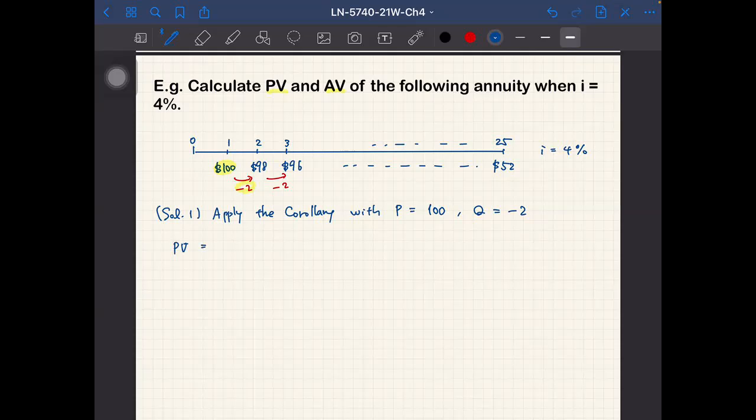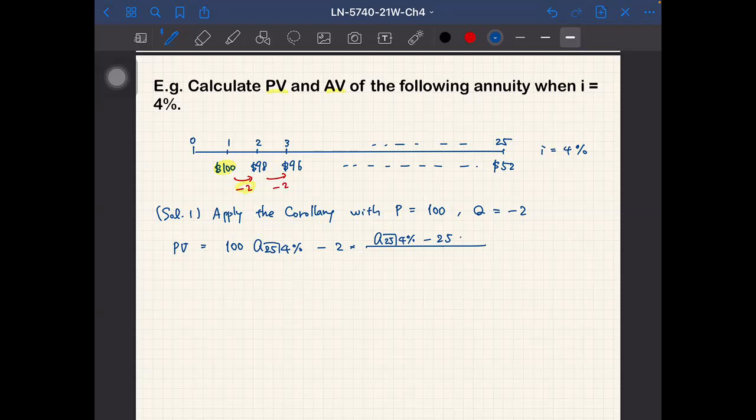The present value is P times a_angle n, so 100 times a_angle 25 at 4%, plus Q, which is -2, times (a_angle 25 at 4% minus 25 times v to the power n) over i.